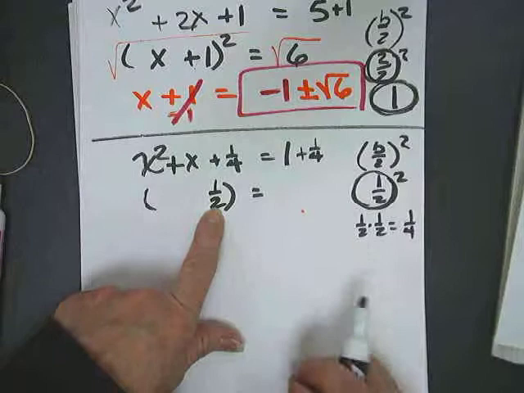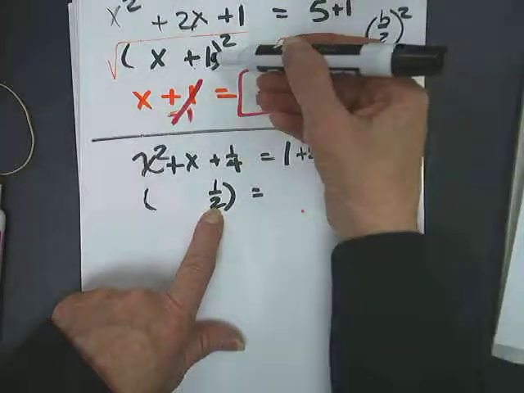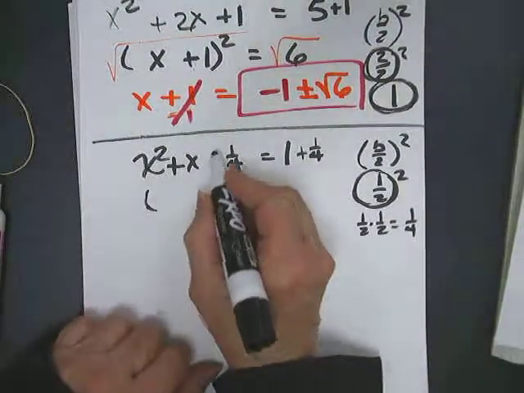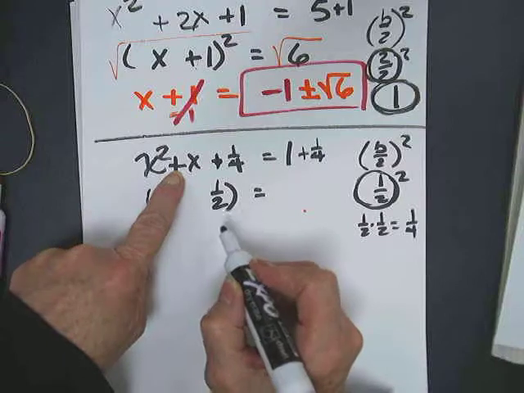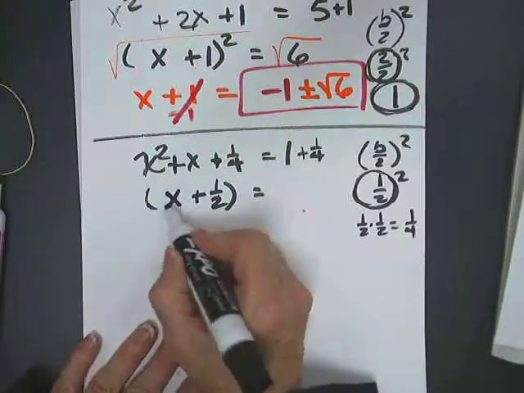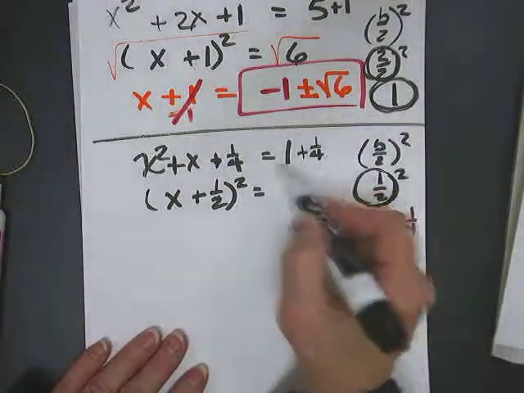Actually, what you come up with here that you're adding, not that one, yeah, that. This part right here is what's going to be right here. 1/4 is 1/2 times 1/2.